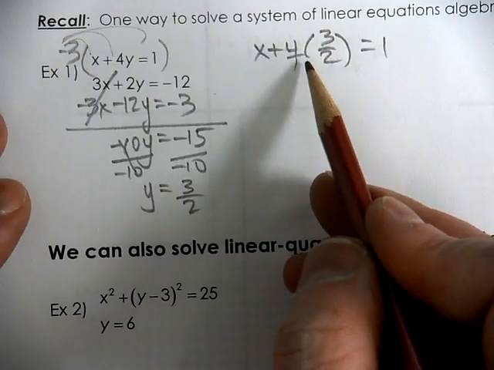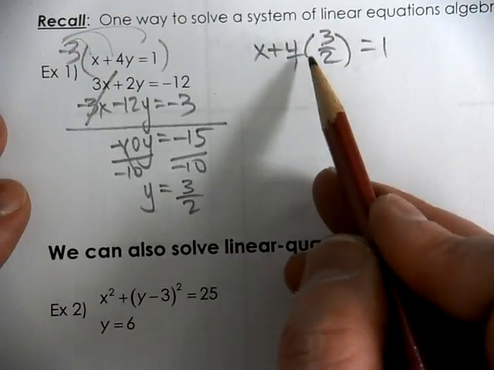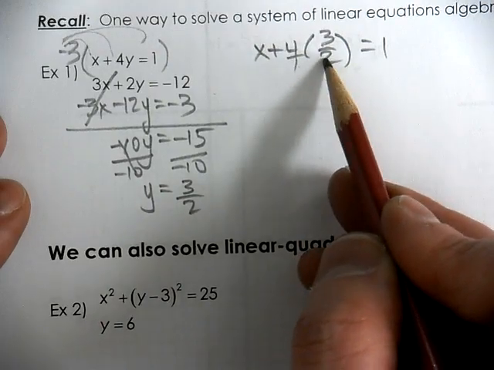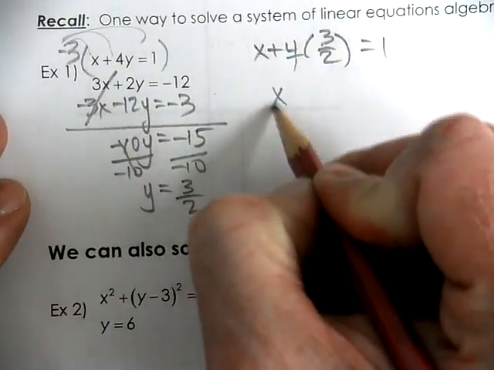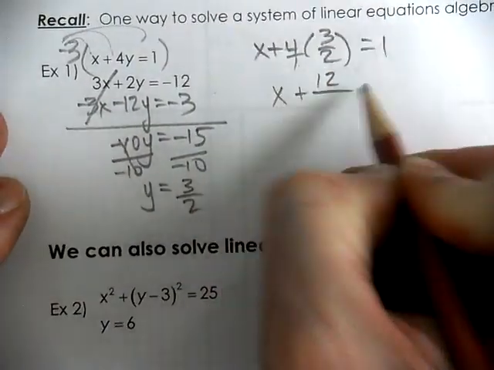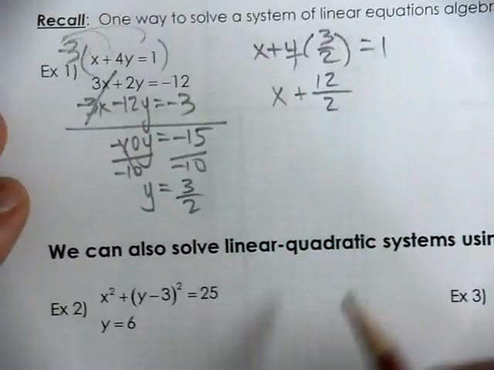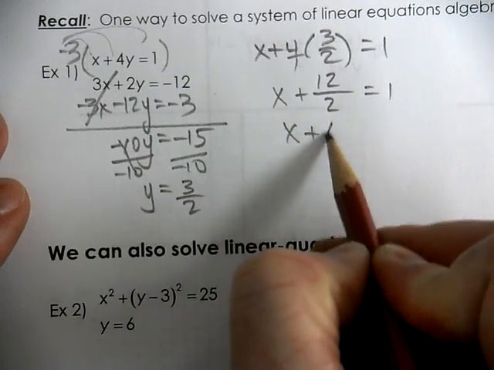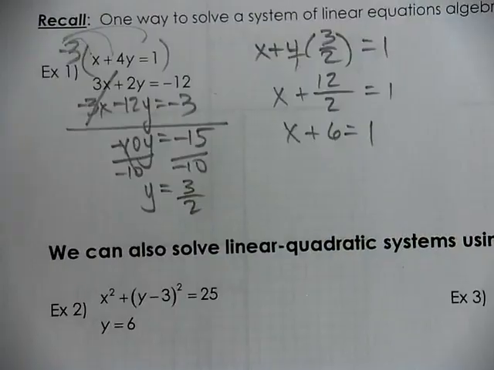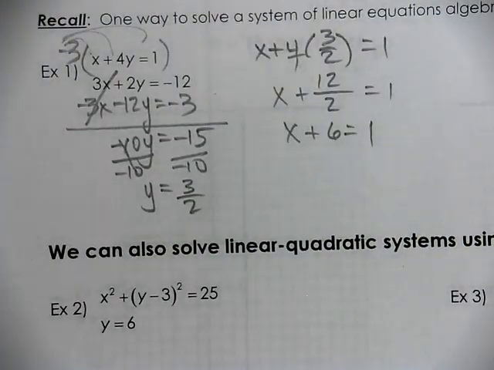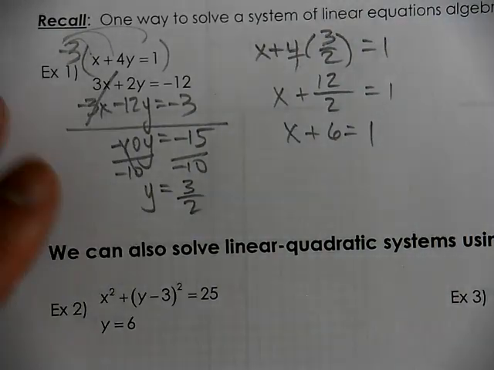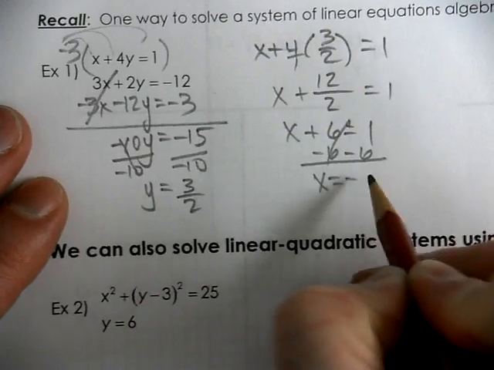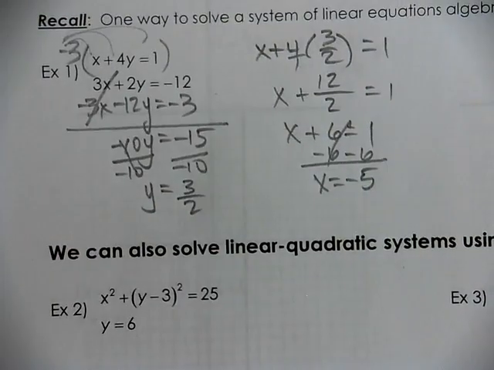When we're multiplying, we don't need to make them the same, but you might want to say that 4 times 3 and 1 times 2. 4 times 3 is 12, 1 times 2 is 2. If you can do that all in one step to understand that that's a value of 6, and then we subtract the 6 across, and we have an x of -5.